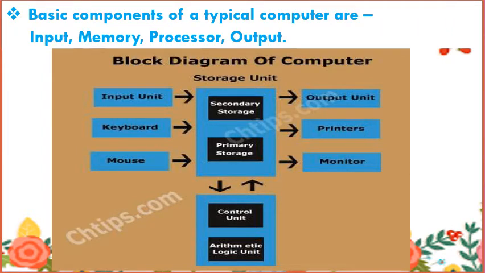Just as you remember things in your brain, in the same way, a computer also remembers or stores all data, instructions and results in its memory. In short, the basic components of a typical computer are input, memory, processor, and output.